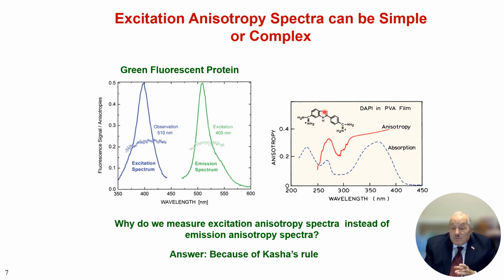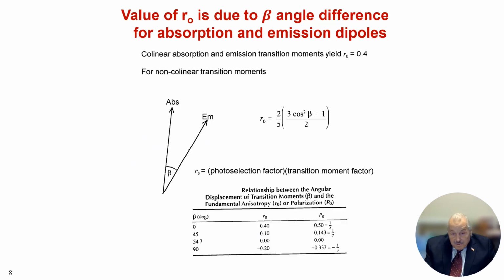When you get to S1, it might be at some other axis in the molecule. But because of Kasha's rule, the molecules always emit from the lowest singlet state down to the ground state. And for the lowest wavelength absorption, we always have a flat anisotropy.